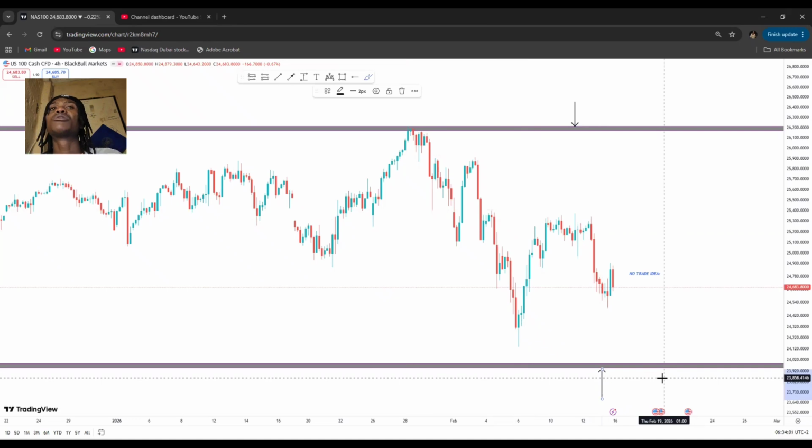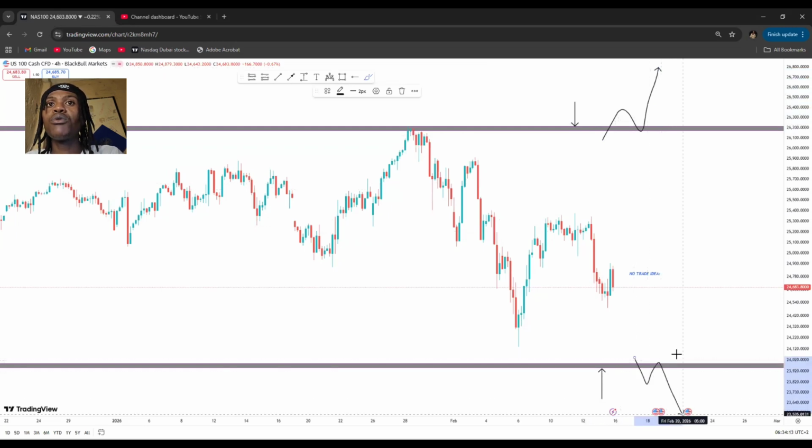And with price holding a range, there's nothing that we're going to do until price gives us a certain reaction: either a break above our resistance, so look for possible new all-time highs, or a break below our support to anticipate that possible reversal to the downside. But if we don't get either of those, then we might look to be bullish above our support and bearish below our resistance.